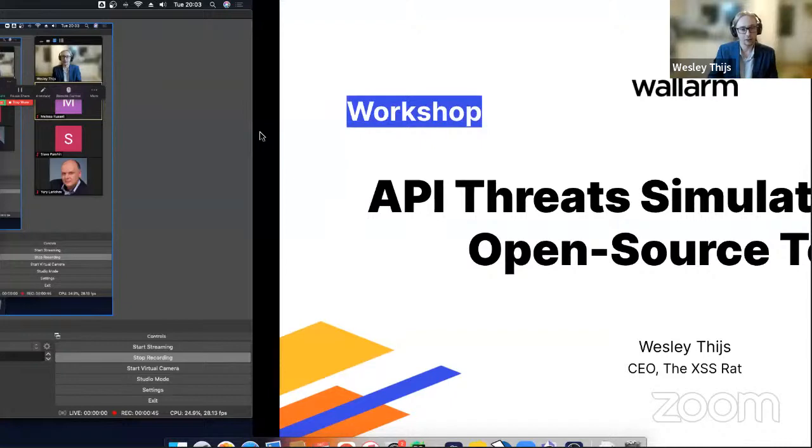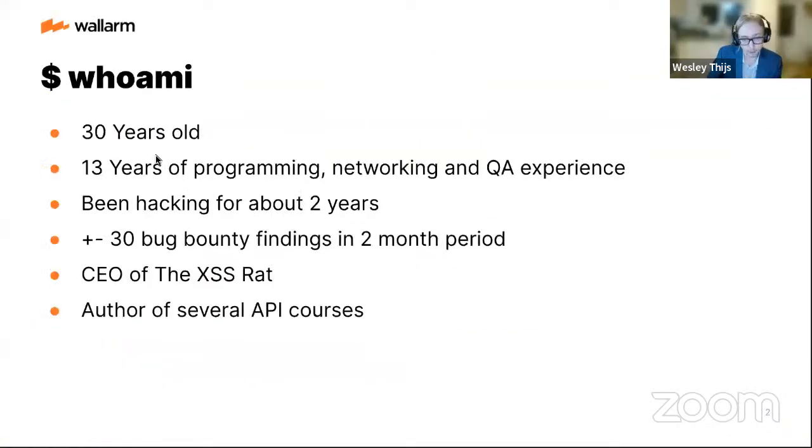So I'd like to start off by introducing myself a little bit. My name is Wesley. I'm 30 years old. My background consists of mostly IT experience. I've been programming for 30 years, doing networking and QA experience. And I've been hacking for about 2 years. In those 2 years, I've tried to prove myself by doing some bug bounties.